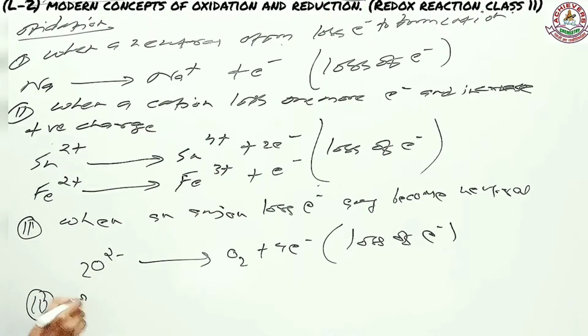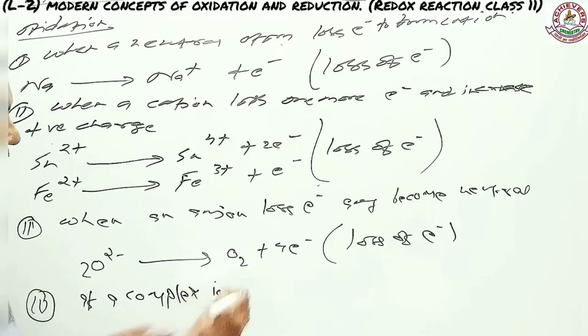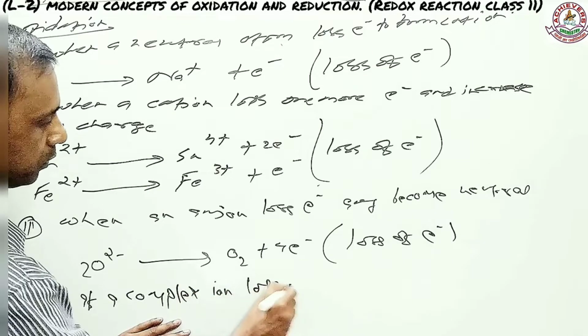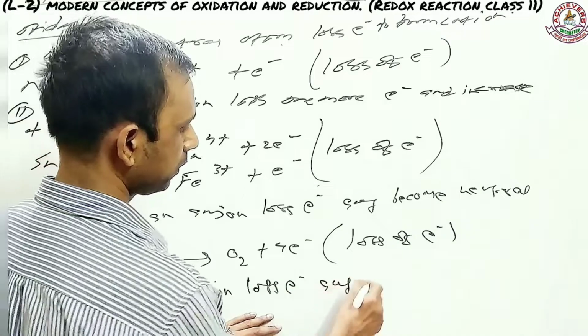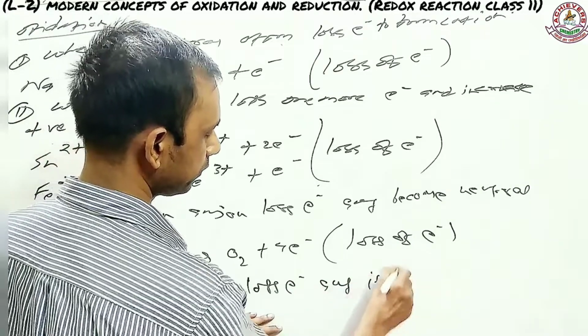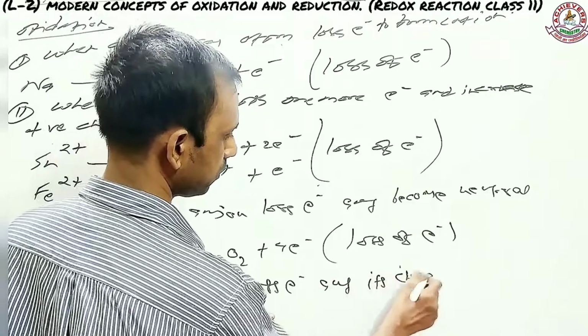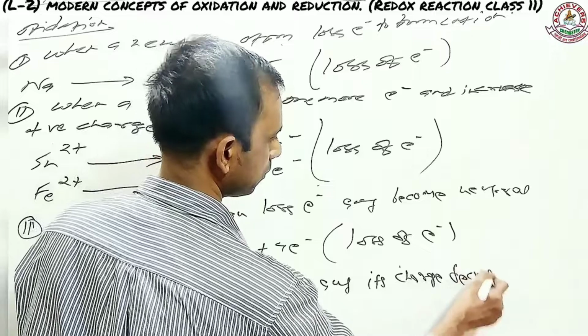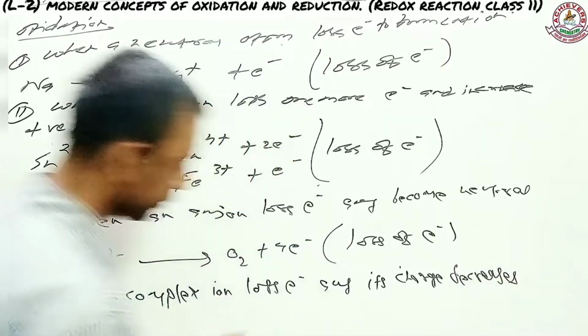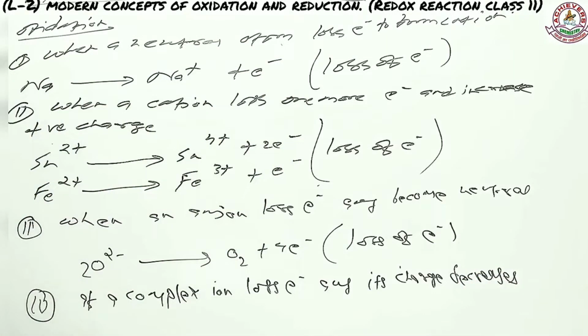Talk about the fourth one. Fourth one says, if a complex ion loses electron and its charge decreases, this is also a case of oxidation.